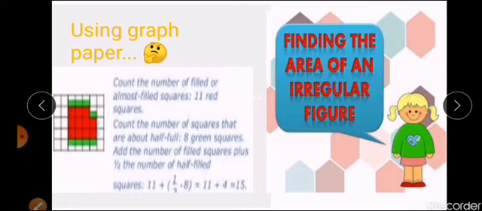Two halves you count as 1, and those squares which are more than half but not completely 1, you count as 1. Altogether you add the values together, which will give you the approximate area of the irregular shape you have.